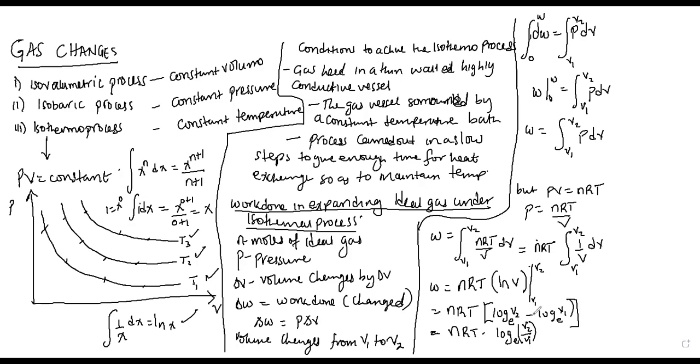So therefore, one can finally conclude that the work done under isothermal is nRT log base e V2 over V1. You find some books saying work done is nRT ln V2 over V1. They are the same.